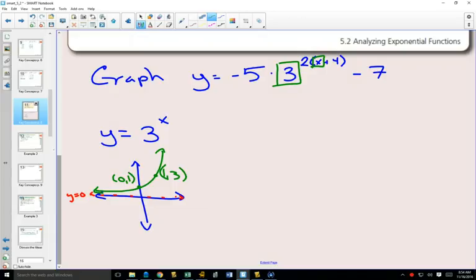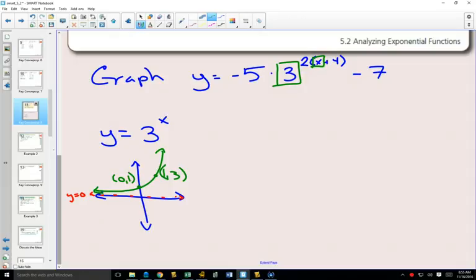It's not going to be one of the transformations that you have when you move left to right. When I move left to right, I'm going to have a -5. That's going to multiply my y values by -5. Then the 3 is part of my parent graph, so that doesn't affect the transformations at all. The next thing is the 2. That's going to multiply my x values by 1/2. The 4 is going to move it 4 to the left, and then it's going to move it 7 down.